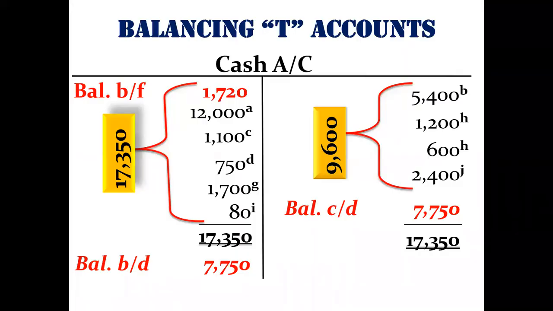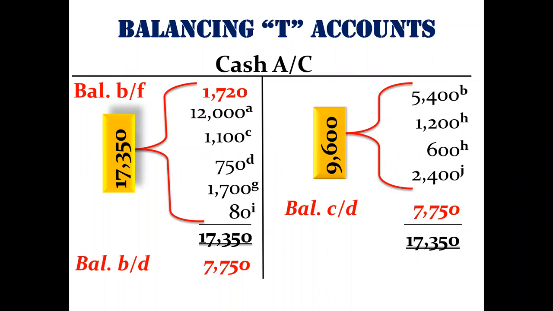We had balanced our cash account. Yes, cash is an asset account. And we saw that our cash account has a debit balance of 7,750. For those of us doing accounts for the first time, the balance is going to be on the side that has the bigger amount.